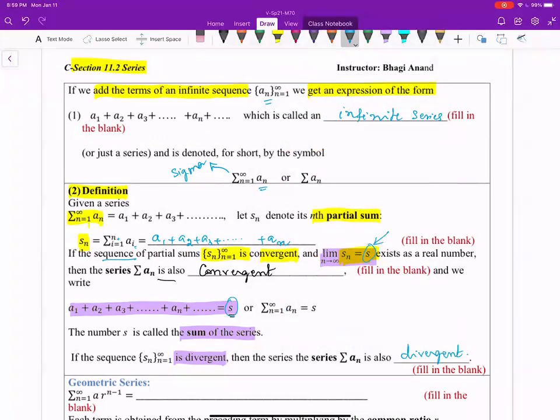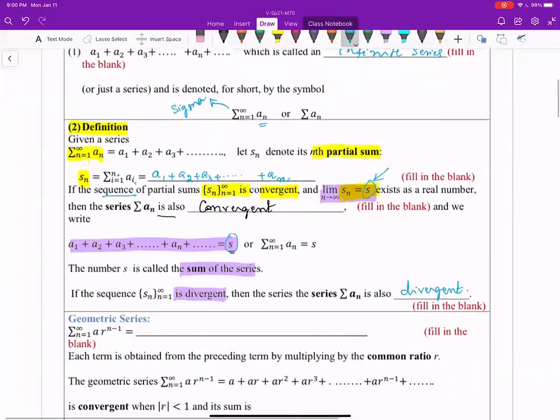So the series is convergent if the limit of the partial sums exists and is equal to S, and that limit of the partial sums is the sum of the series. But if the limit of the partial sums does not exist or is infinity, then the series is said to be divergent.